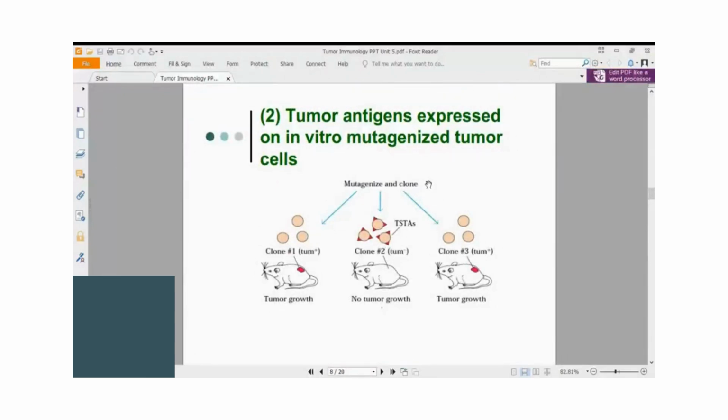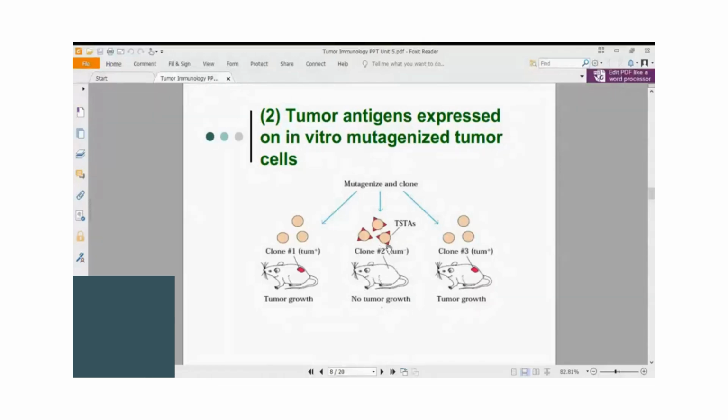Some cells will mutate, and some cells will show a different type of mutation, and that does not qualify those cells to continue as tumors. And possibly, those tumors which are developing in the mice are because of the new antigen that is expressed by the tumor. And some mice, when you inject, will not develop the tumors because they are expressing those transplantation rejection antigens.